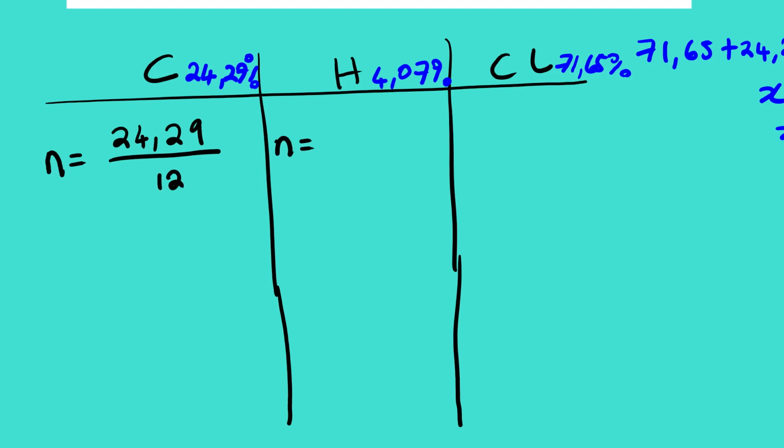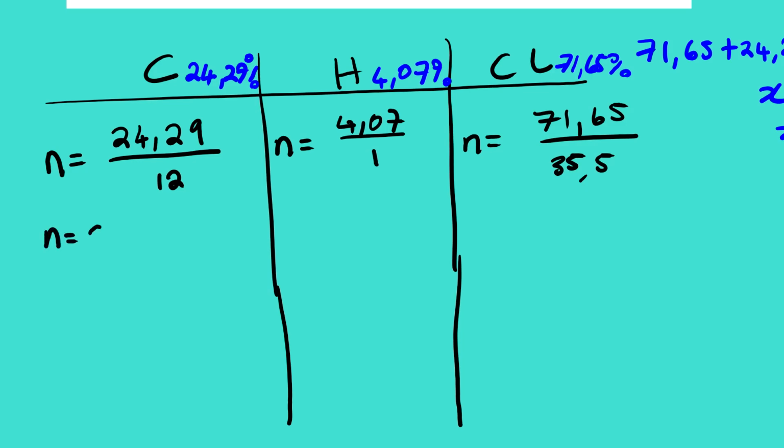For hydrogen, the mass is 4.07 divided by 1. Then for chlorine we have 71.65 divided by 35.5. Our number of moles, we have 2.024 mole. Then we have 4.07 mole.